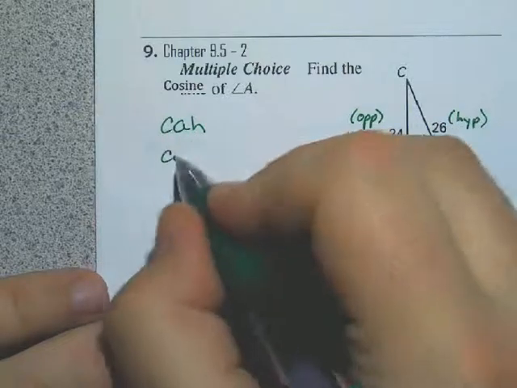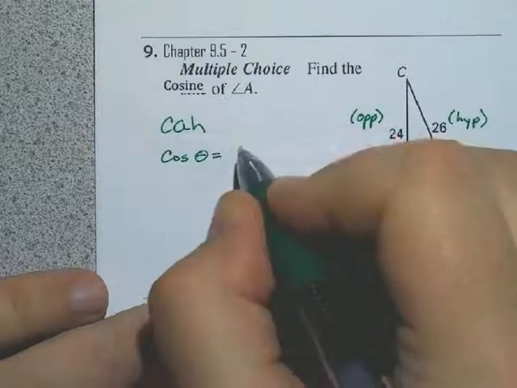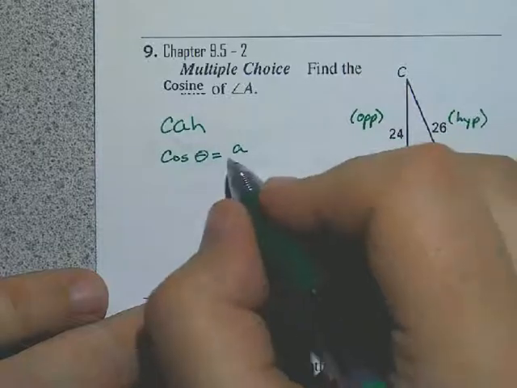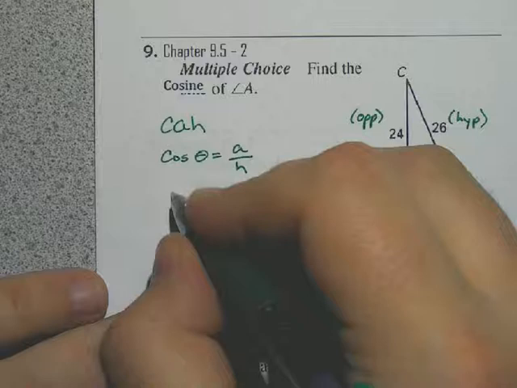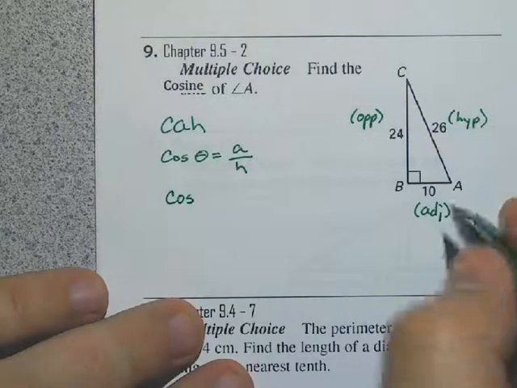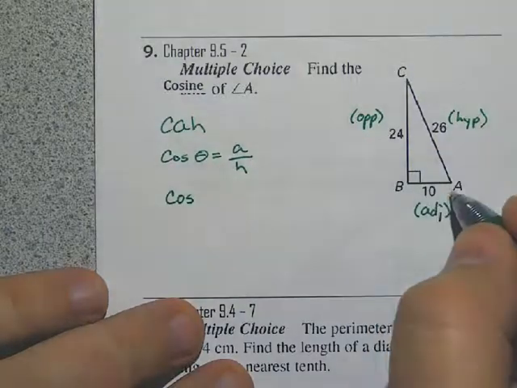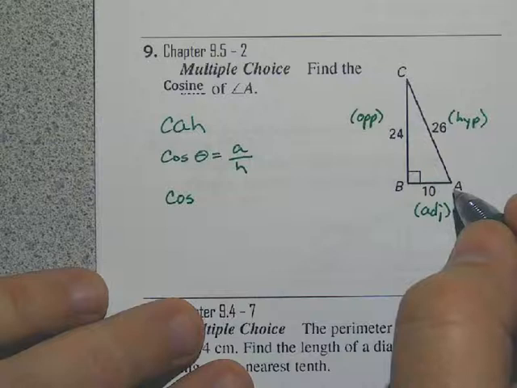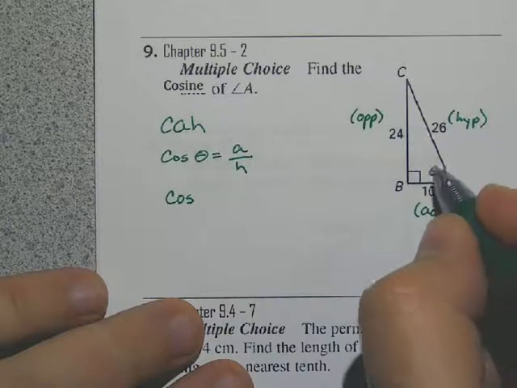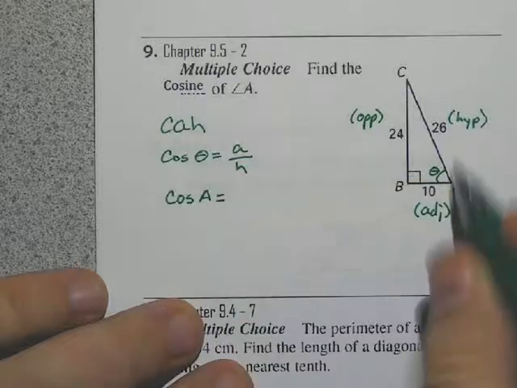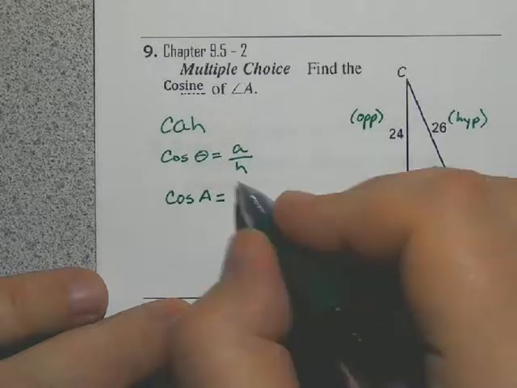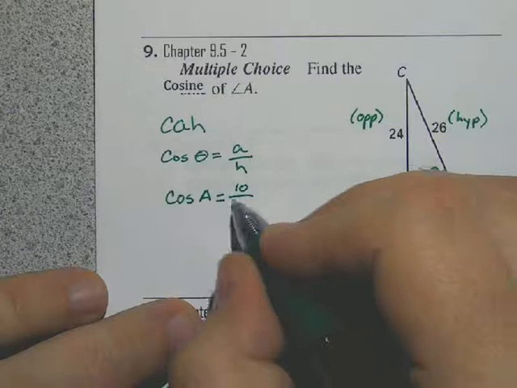So cosine theta equals adjacent over the hypotenuse. That's the CAH part, adjacent over hypotenuse. So the cosine of, which is theta, theta is angle A in this case. This is our theta, okay? So cosine of A is equal to adjacent, which is 10, over hypotenuse, which is 26.